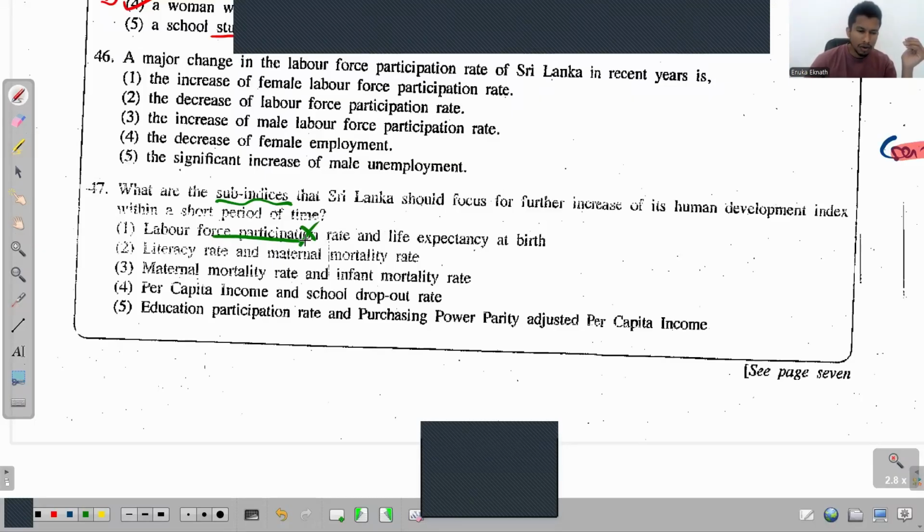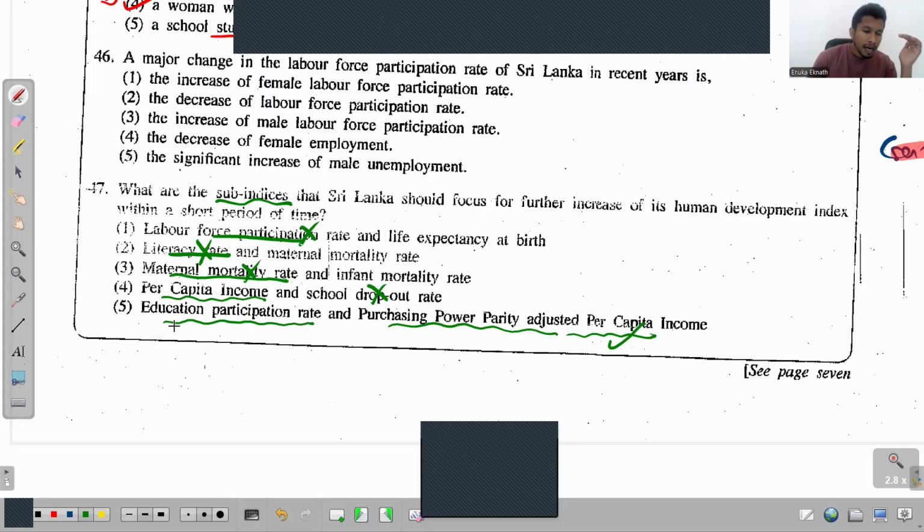It says labor force participation rate, no. Second one, literacy rate, no. Maternal mortality rate, again no. Per capita income, it has to be purchasing power parity per capita income, right? So not just per capita income. And school dropout rate, no. The fifth one, education participation rate, purchasing power parity adjusted per capita income.